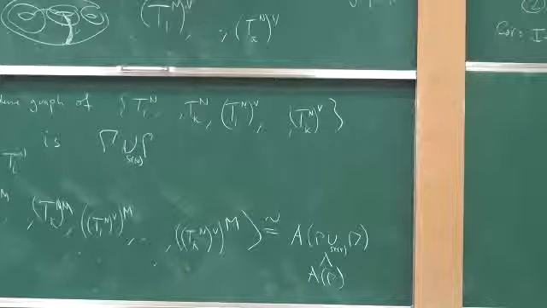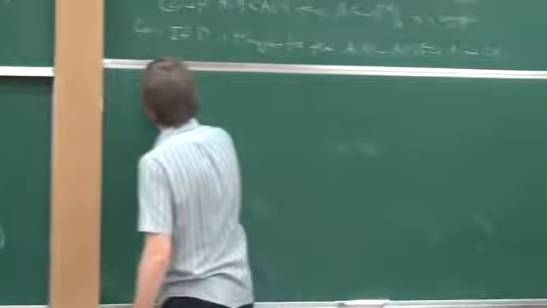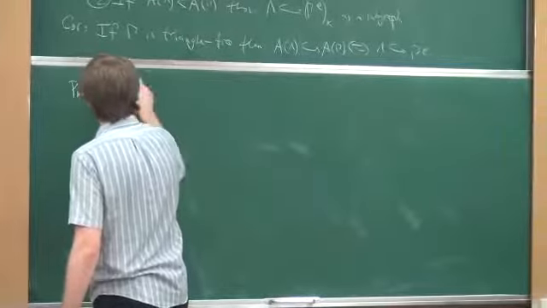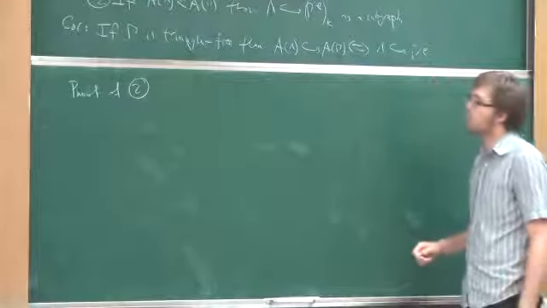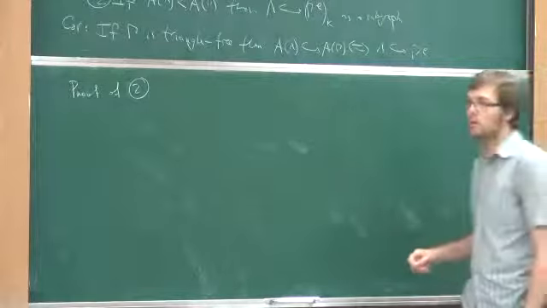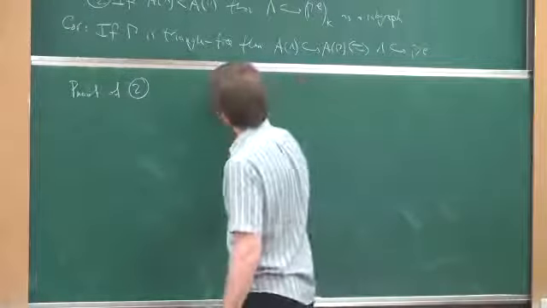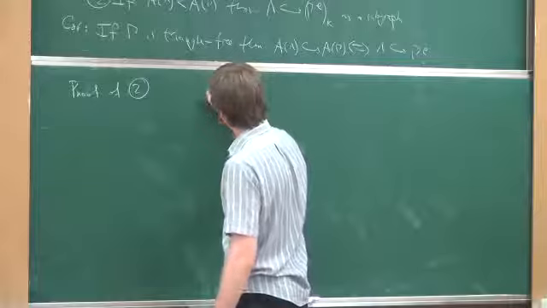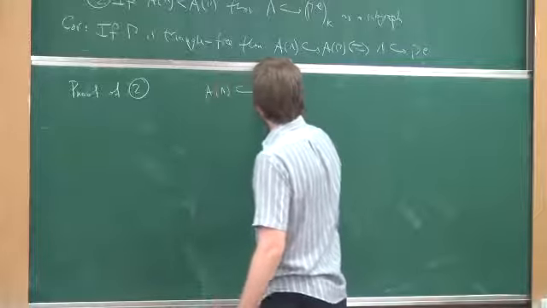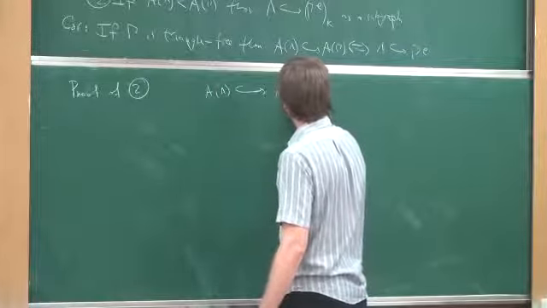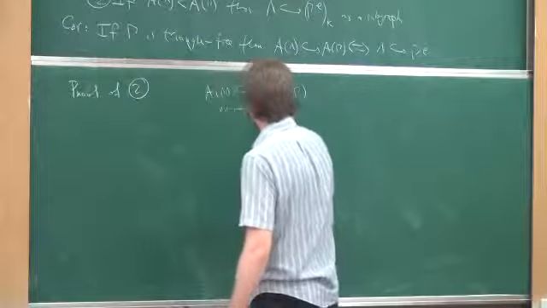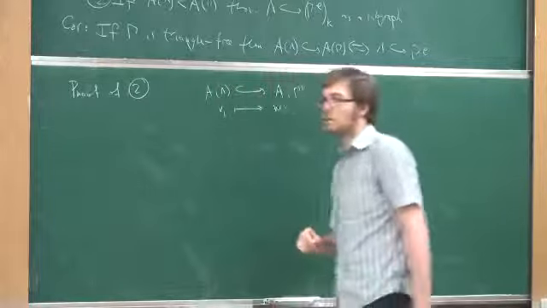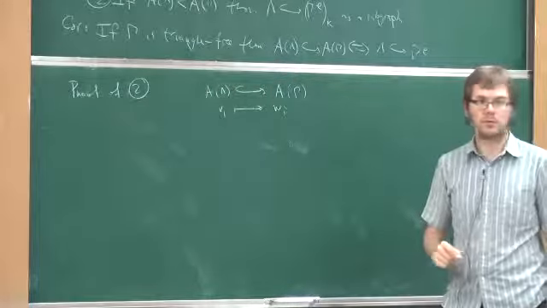Okay, so now the proof of part 2 is somewhat more involved. So the issue now is that I have some map from A of lambda to A of gamma, and say a vertex Vi here is mapped to some element Wi in A of gamma.